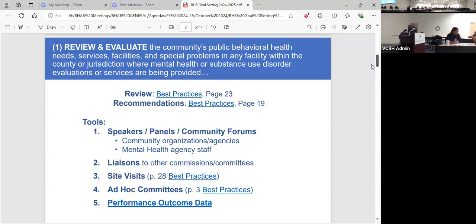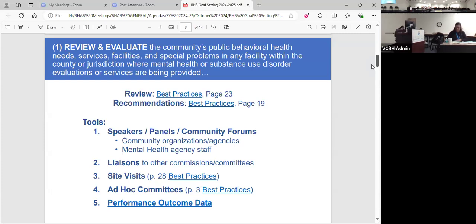The first one, something I'm sure that you probably do, speakers. We suggest doing panels of speakers in order to bring different sectors of the community together over a topic. So say you were looking into school-based services, you might have folks from nonprofits that serve children and youth in the schools.